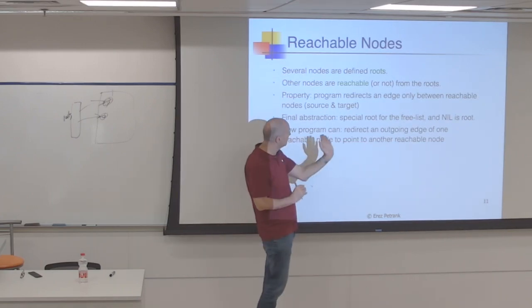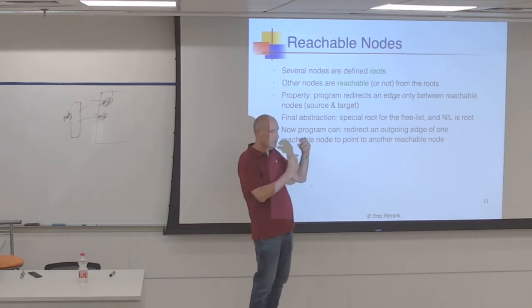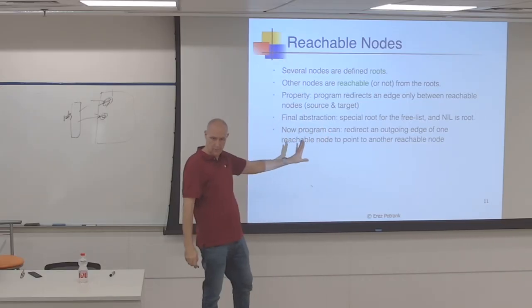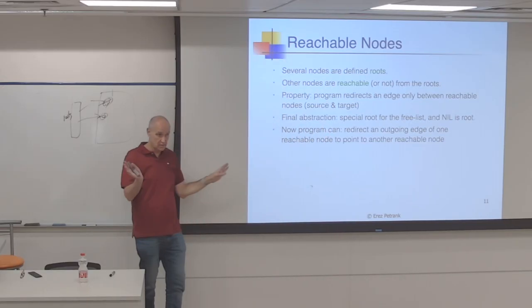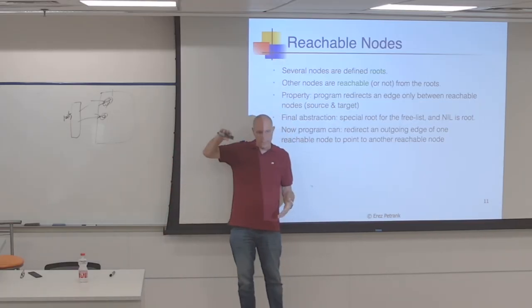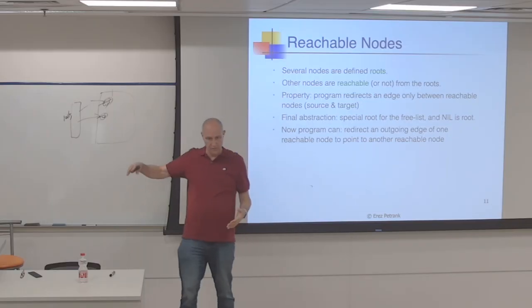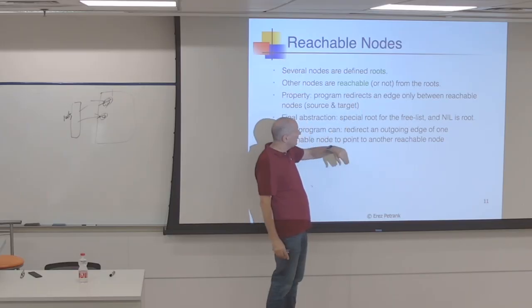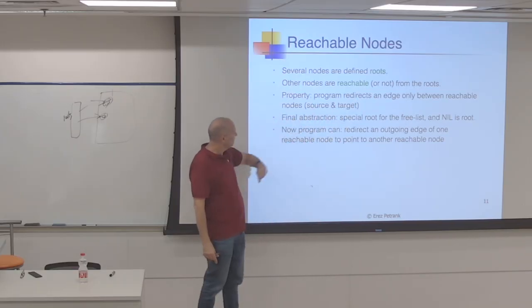Redirecting an edge can only happen from one reachable node to another reachable node. This is the only thing that the program can do. The garbage collection does not redirect edges except for putting stuff maybe during sweep. It might add stuff to the free list, but in the graph of the objects, we'll also solve this soon.